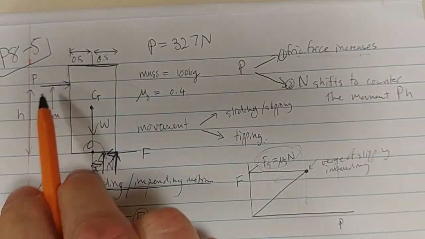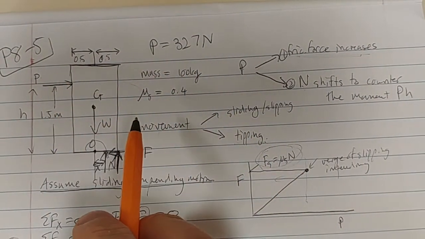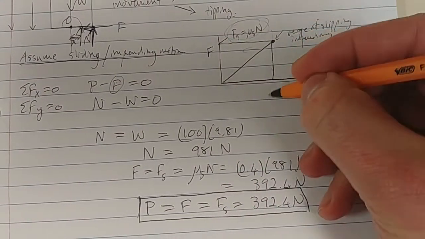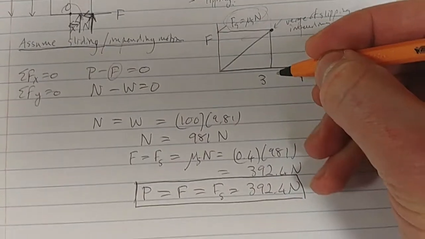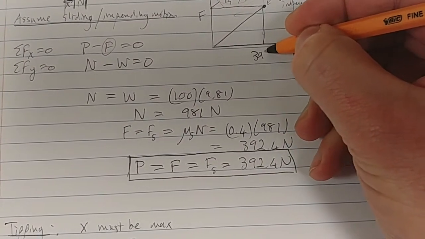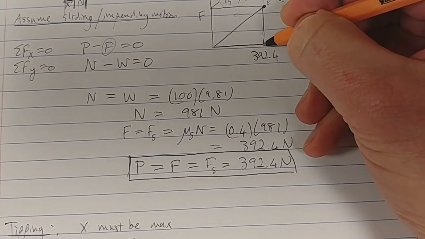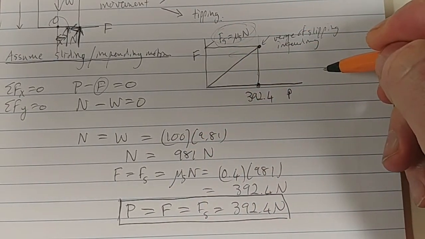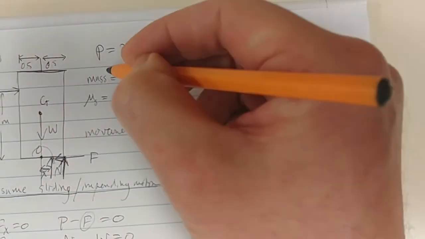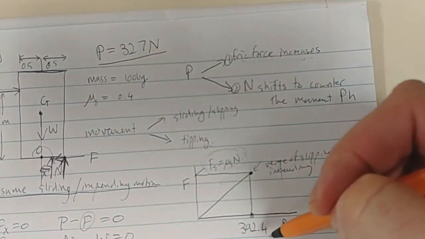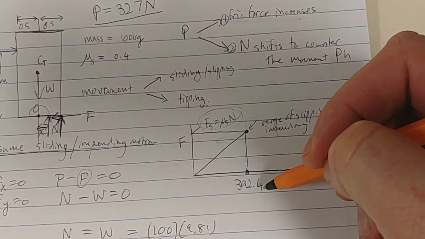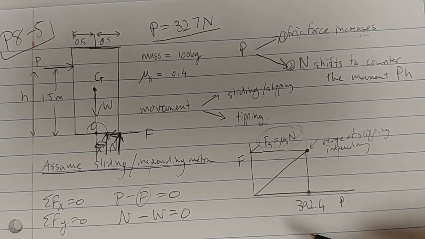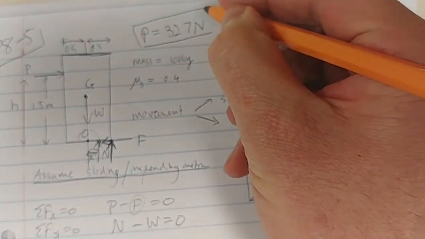If we keep increasing P, we're going to get a tipping effect. We need to get to P equals 392.4 here, on this curve, for us to get impending motion. So we know that P equals 327 will happen before 392.4. So this problem is going to tip first, and the maximum force we can apply is 327.